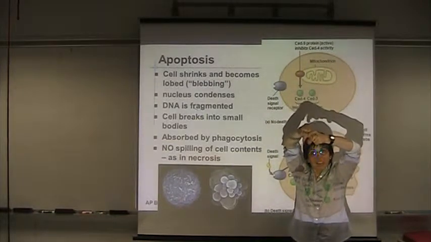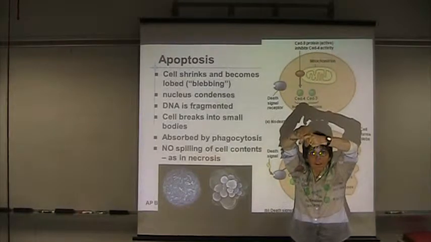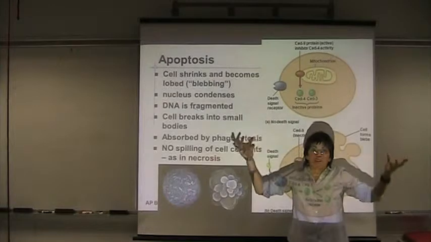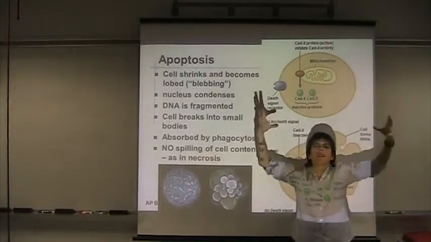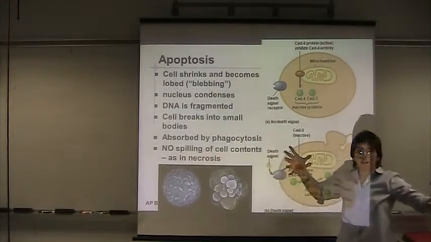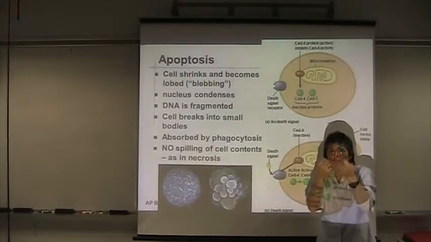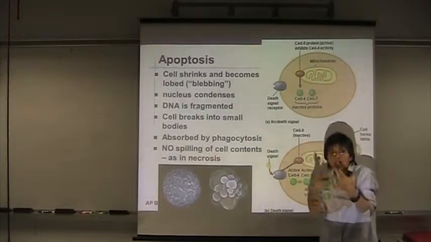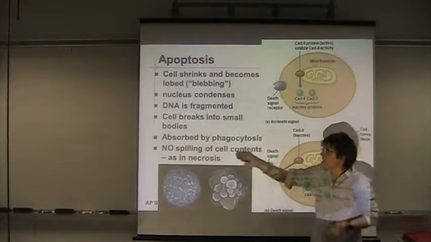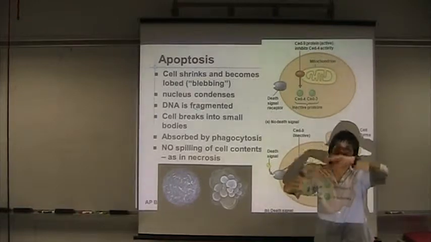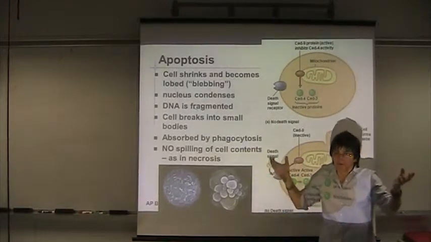If my cells die, basically the cells blow up, or the membranes fall apart and they spill the contents all over the place and they just go bad because there is nothing to basically recycle them. So necrosis is you spill everything out, there is no recycling, it's just a mess, and that's the end of it.